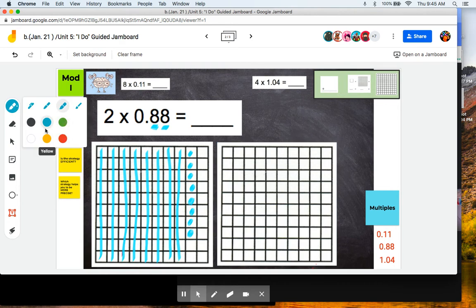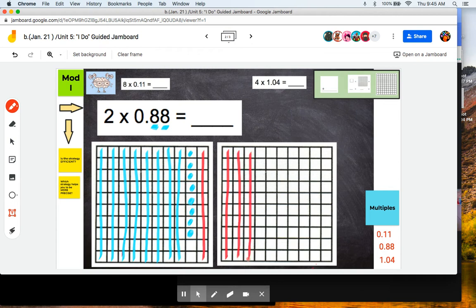So now, I'm going to use red. 88 hundredths. 1 group of 88 hundredths. 2 tenths. 3 tenths. 4 tenths. 5 tenths. 6 tenths. 7 tenths.